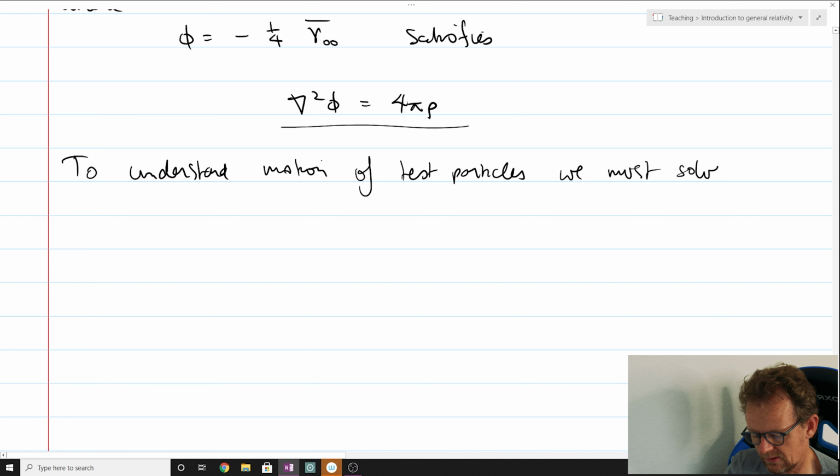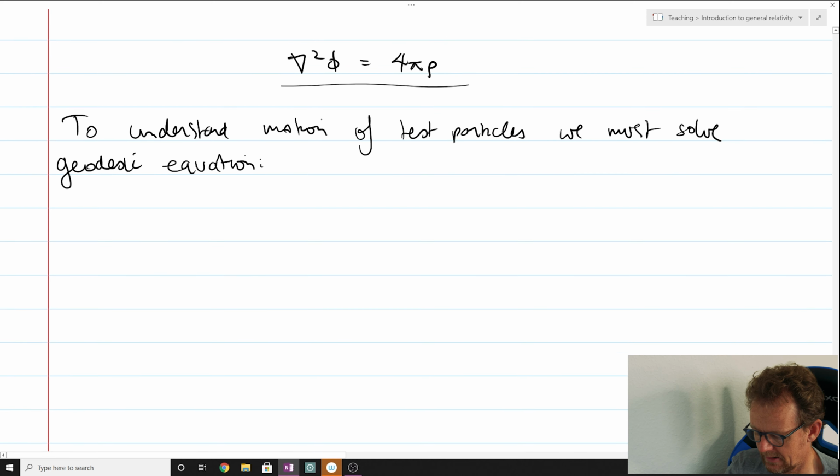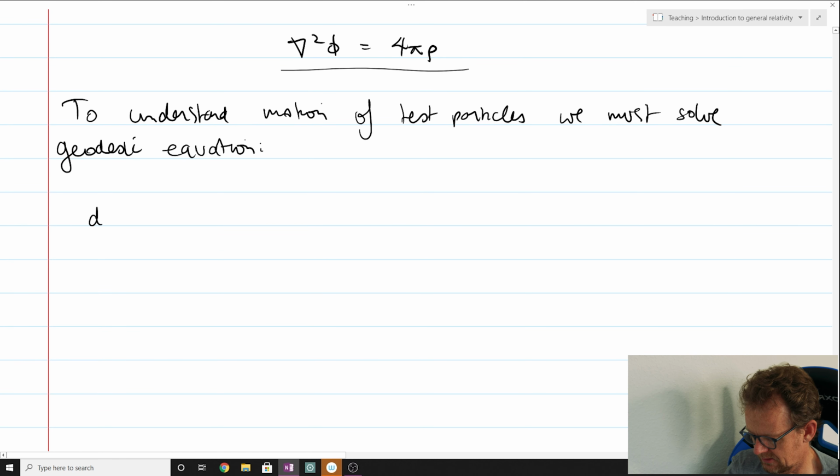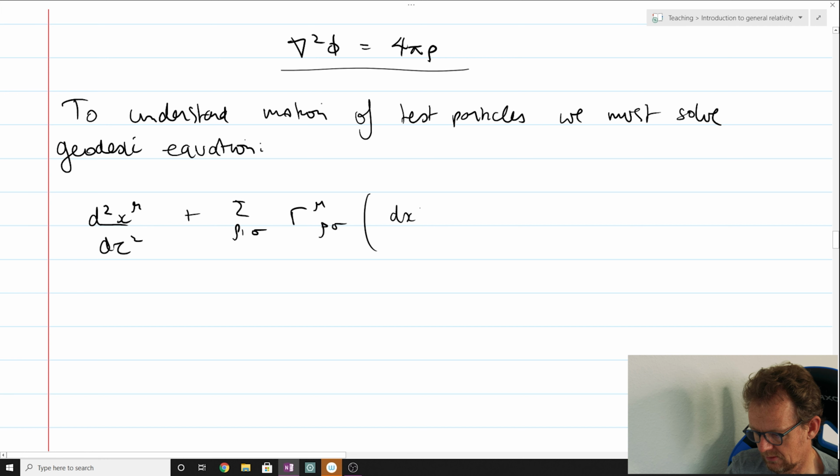Well, according to the fundamental assumption of general relativity, we have to solve the geodesic equation to get the motion of test particles. And the geodesic equation is an equation we've talked about several times now in this lecture course. In this particular context, we can write it out in terms of Christoffel symbols as follows.